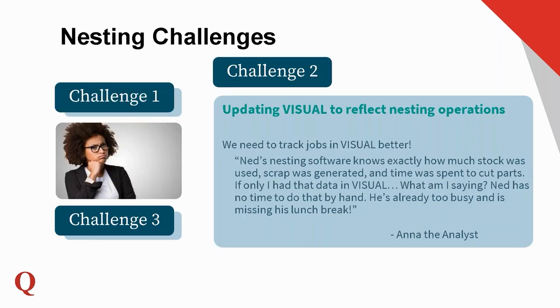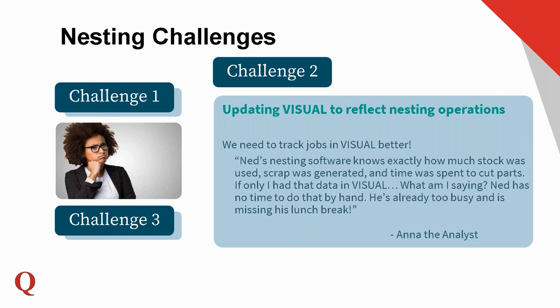Now, the second challenge we see is how do I update Visual to reflect my nesting operations? In this case, we have Anna the analyst, and Anna's thinking about how to update Visual to reflect these different nesting operations that are happening. She knows that Ned's nesting software tracks the scrap. It tracks how many parts per plate were cut.